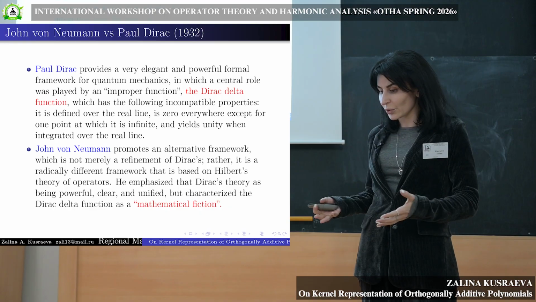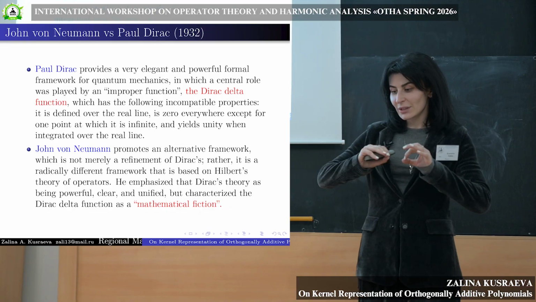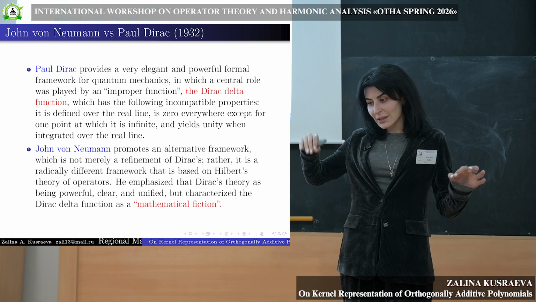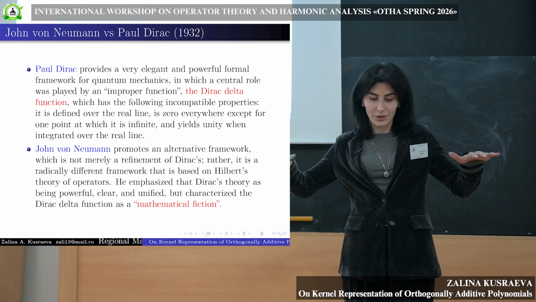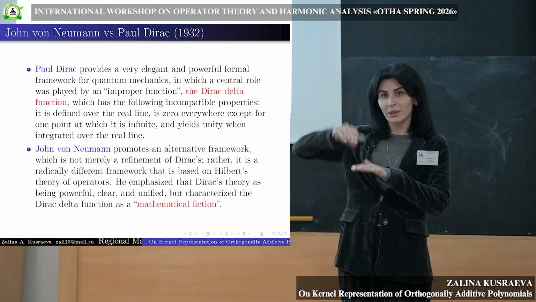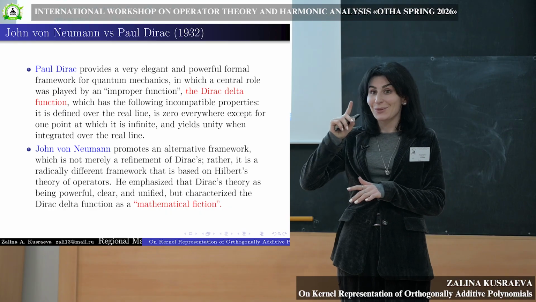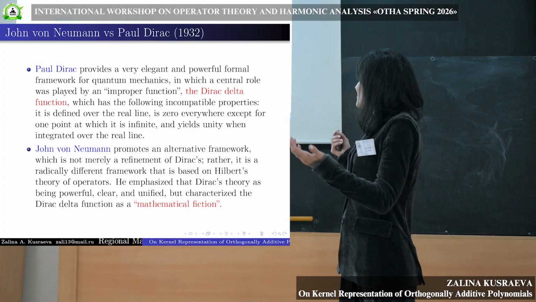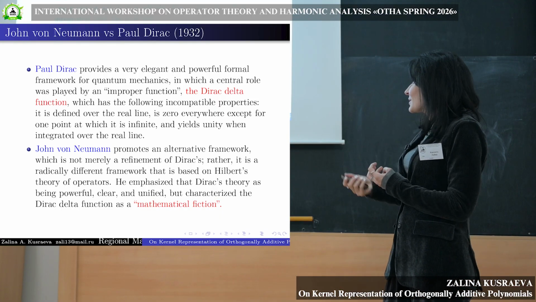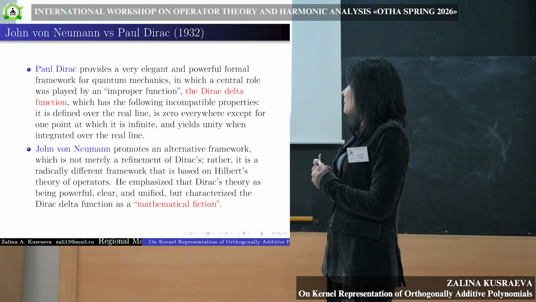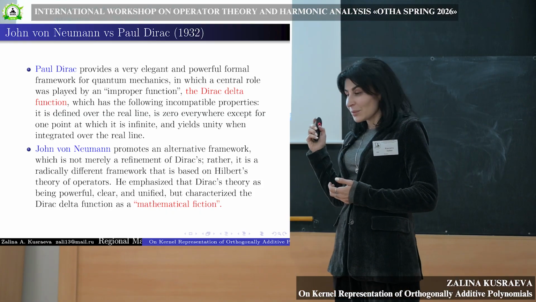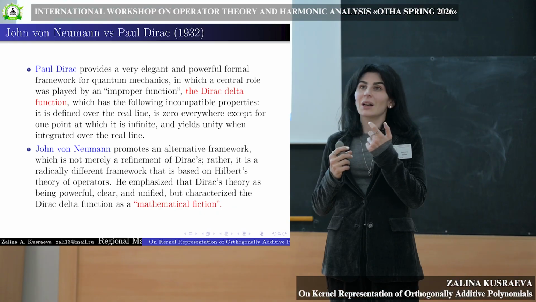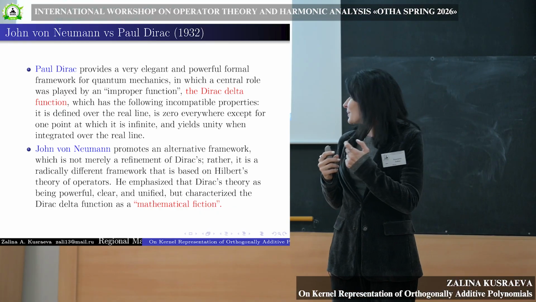It was determined by the following properties. The function is defined on the whole real line. It takes values equal to 0 everywhere except one point where it is equal to infinity. And what is interesting, the integral is equal to 1. These incompatible properties are properties of the Dirac delta function. Von Neumann called this function a kind of mathematical fiction.